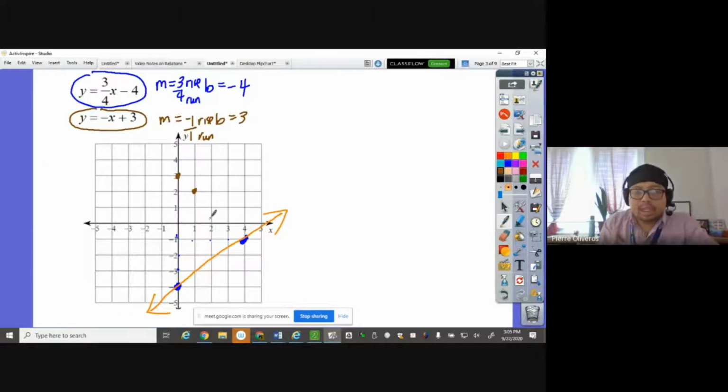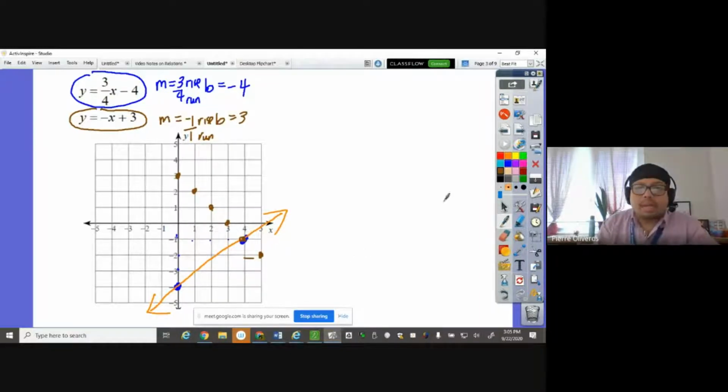My suggestion here is that you repeat the steps of applying the rise over run on your second equation. So again, go down, go right, down, right, and keep going. Why did we do that?